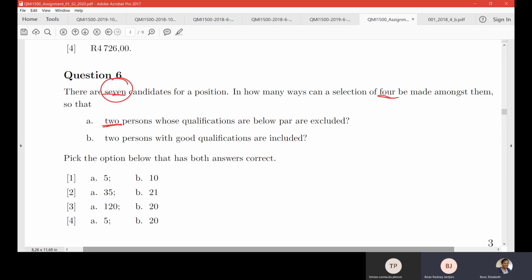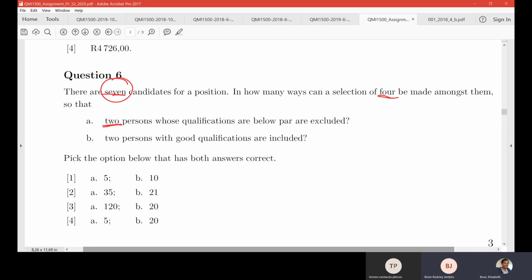The way they have asked it, it does not make sense to exclude the 2 and only use the 5 in B. For me, B would have been wrong, because B should be 7 combination 4, because we need to make sure the 2 are in there, but it doesn't take away the fact that 4 people are still going to be included in the committee, which should be 35. The answer for B should have been 35.